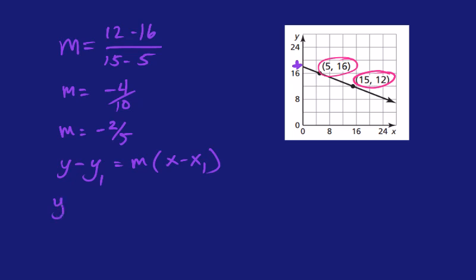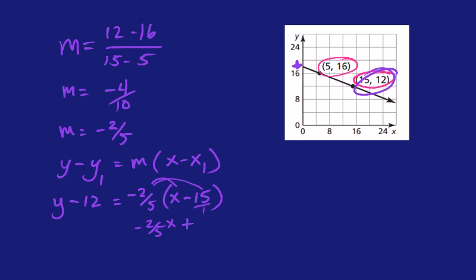So y minus 12 equals negative 2/5 times (x minus 15). This is the point I chose, (15, 12), and then I use the slope negative 2/5, and then we're going to distribute. So I'll have negative 2/5 x, and then two negatives multiplied together become a positive, and we multiply fractions straight across.